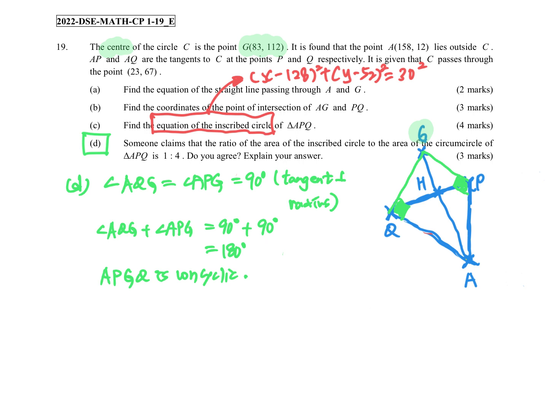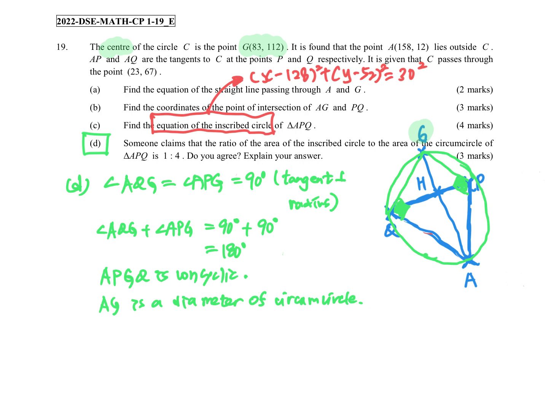So AG will be a diameter of the circumcircle. That means the required circumcircle not only passes through A, P, and Q, but it also passes through point G. And in this case, AG is a diameter.